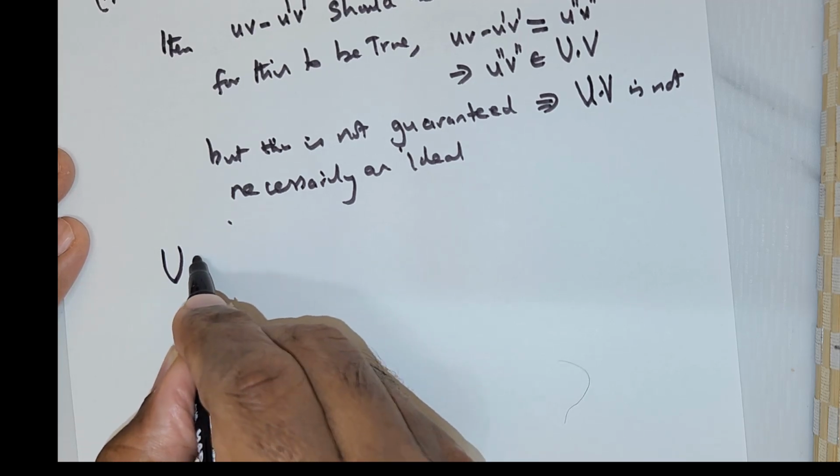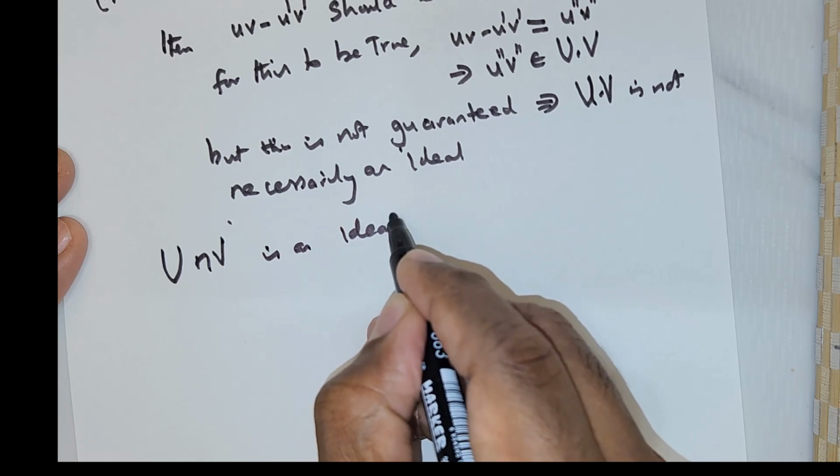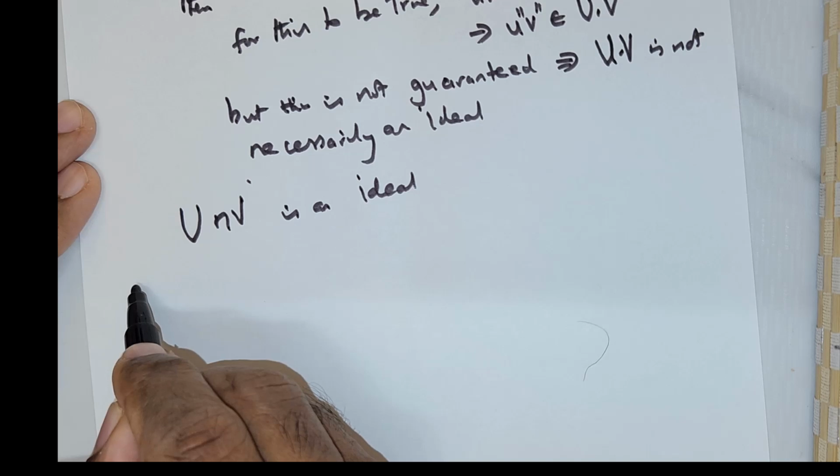What is that? U intersection V is an ideal. Okay, now let me check.